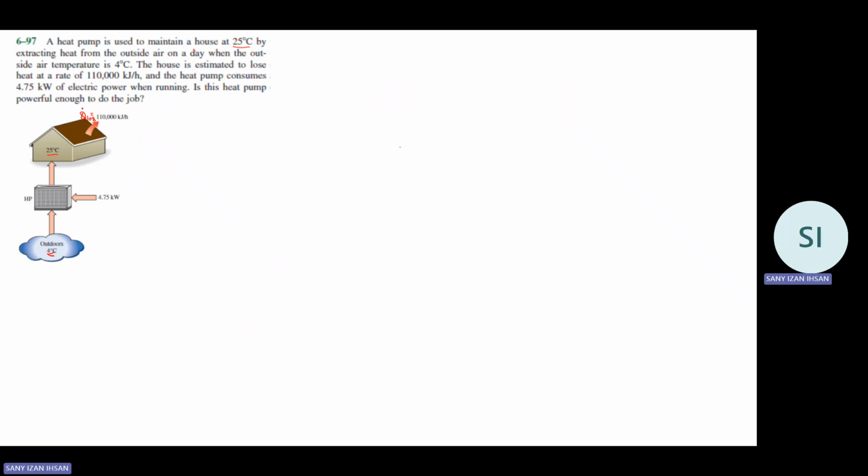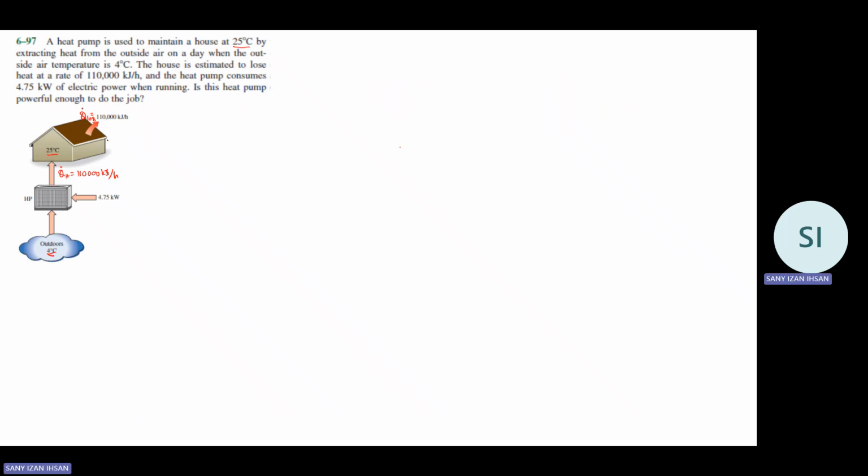Remember the first statement is to maintain the house at 25 degrees Celsius. We know the heat loss is 110,000 kilojoule per hour. So to maintain it, you need to supply QH dot equal to 110,000 kilojoule per hour. In order for the temperature to be maintained, the amount of heat supplied to the house should be equal to the amount of heat loss from the house.